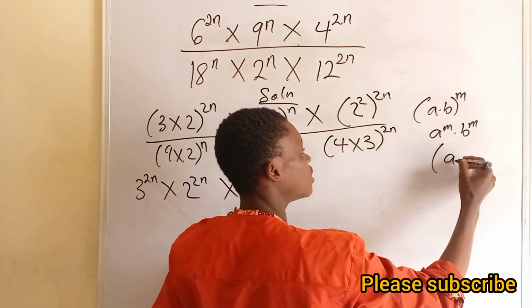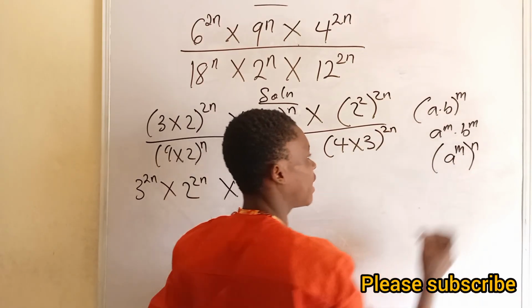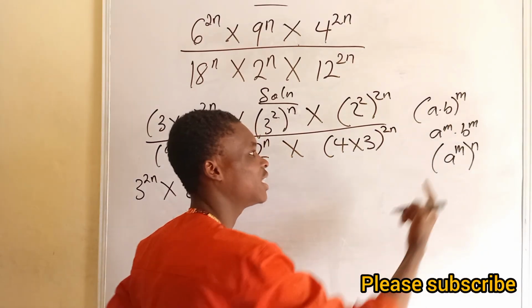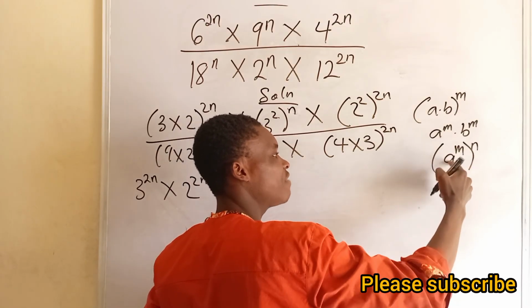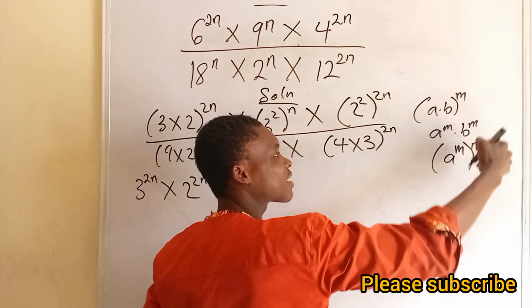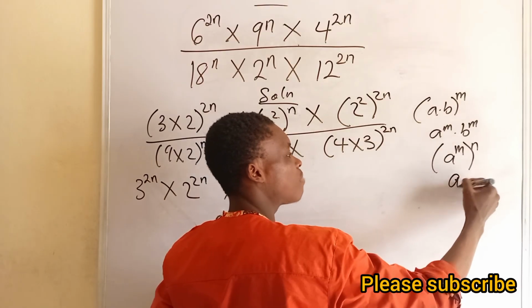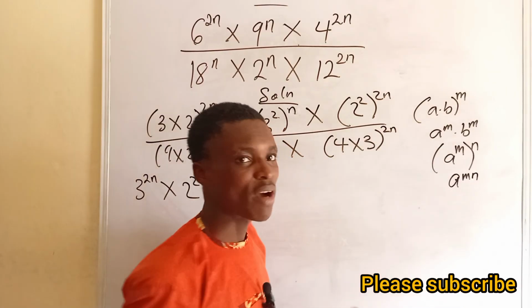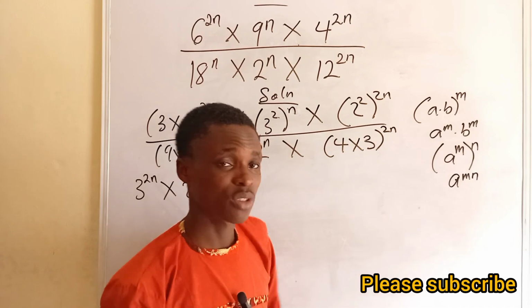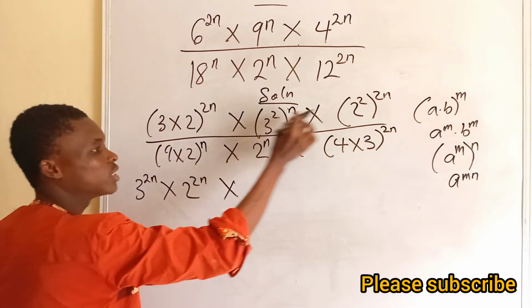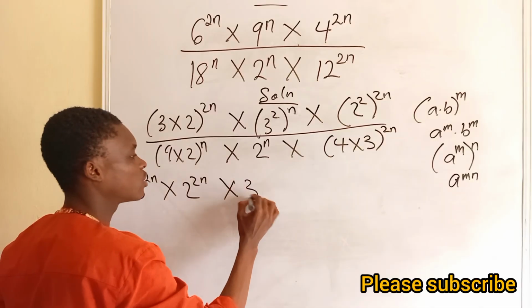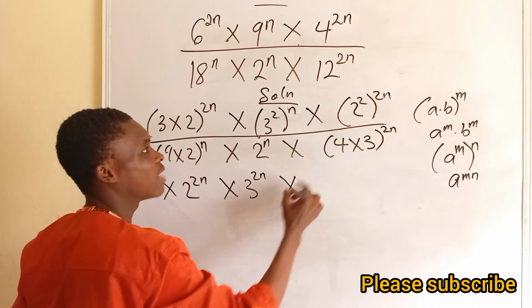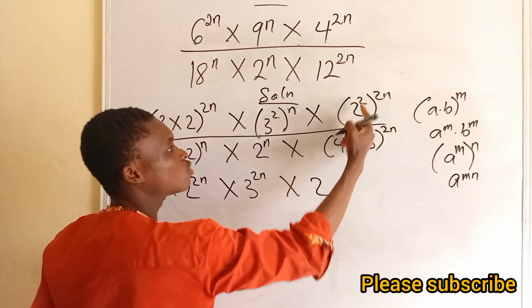If we have a to the power m all to the power n, the law states that if a base is raised to a power and then raised to another power, the two powers are multiplied for the final result. That means m times n, which gives us mn. So this law applies to every exponent. So 2 times n here gives us 3 to the power 2n times this 2 times 2n.